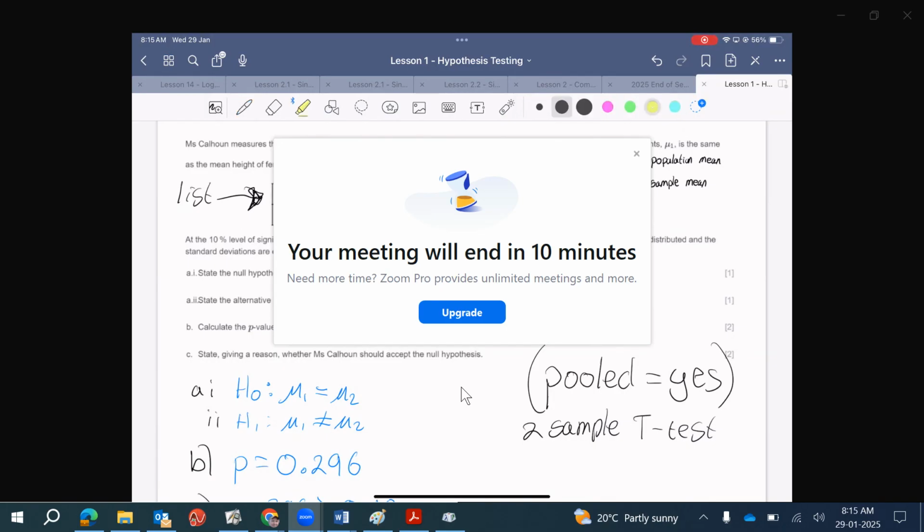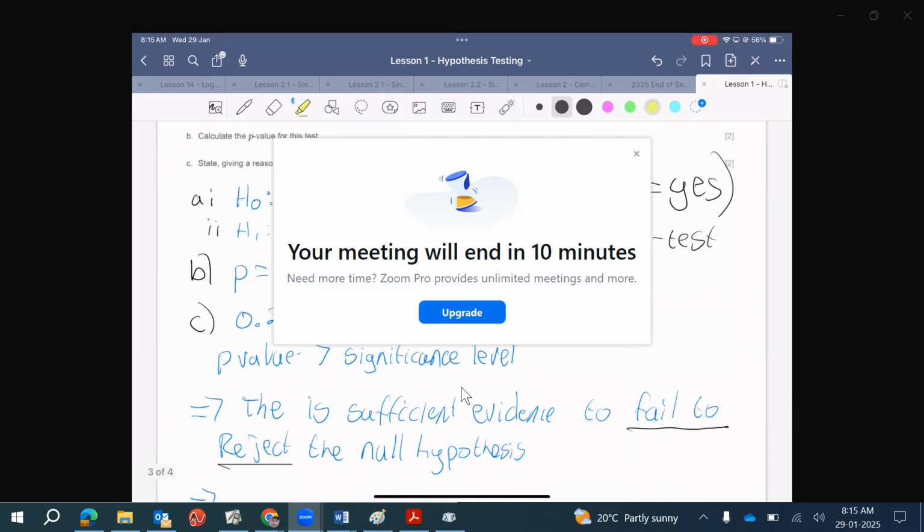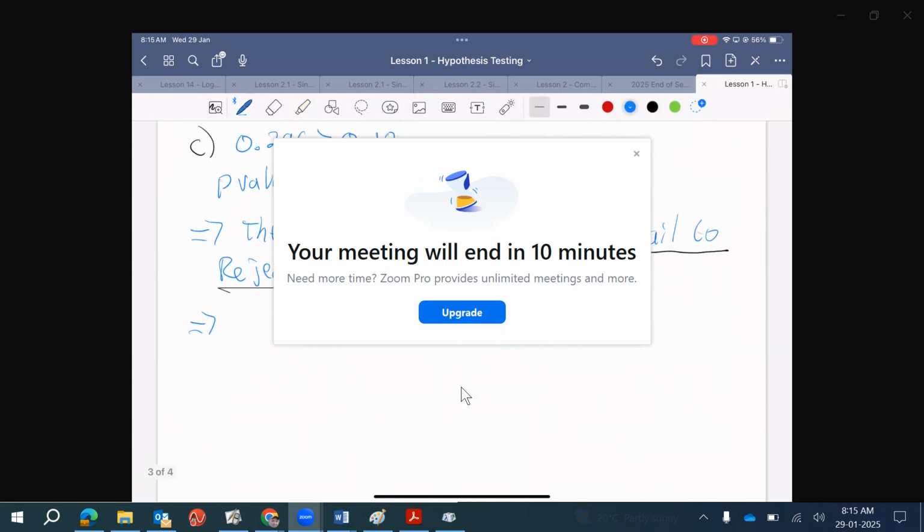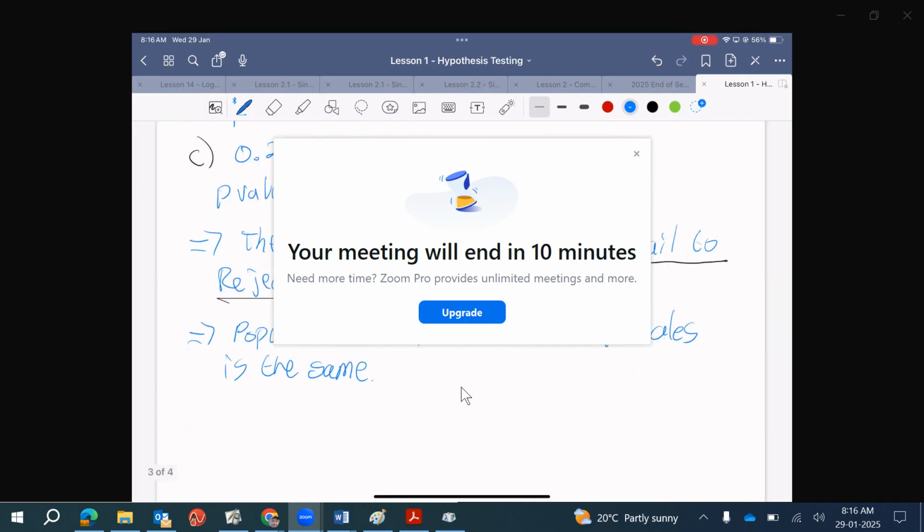The mean height of male students equals the mean height of female students. So the population mean of males and females is the same.